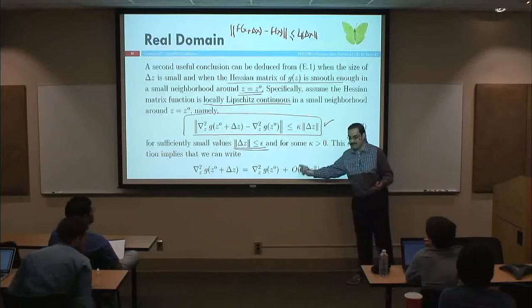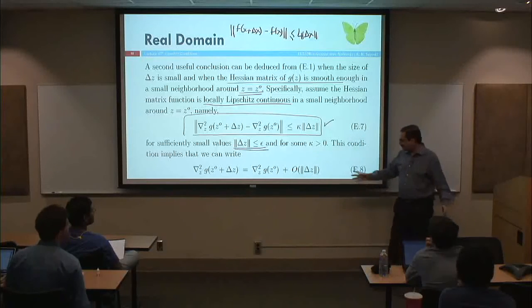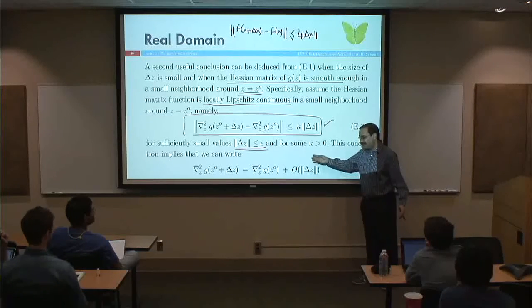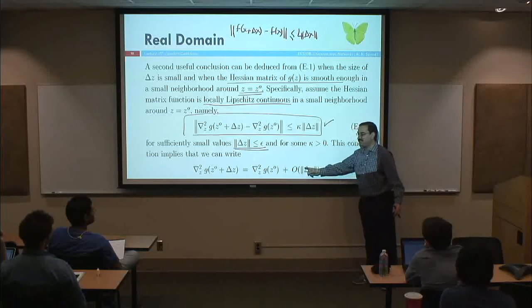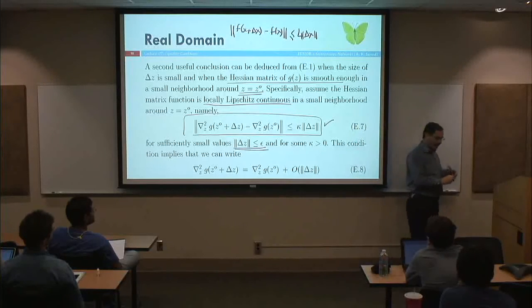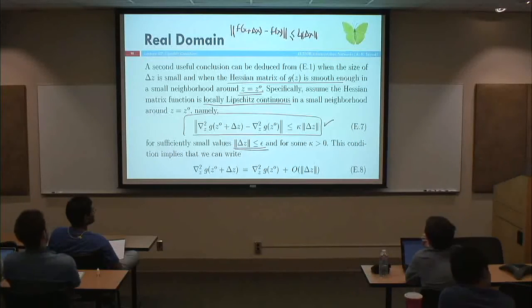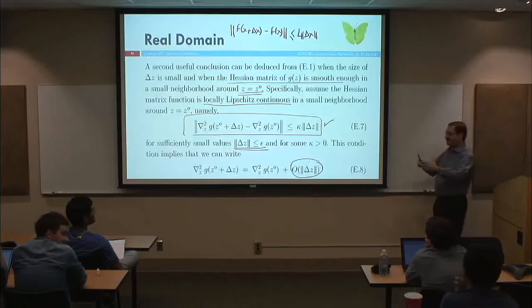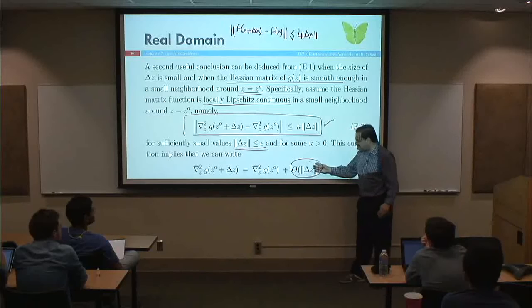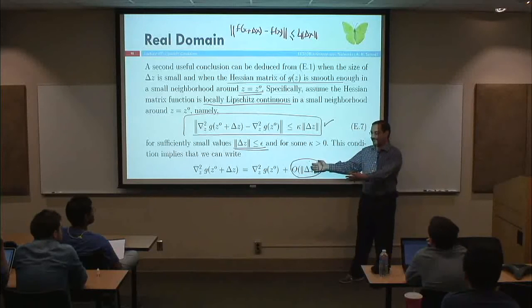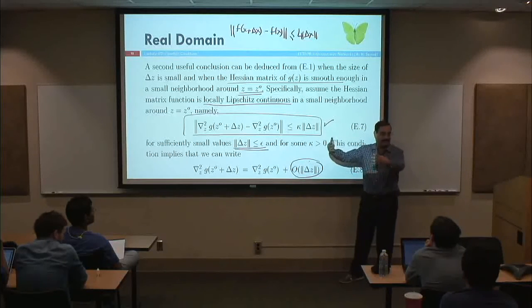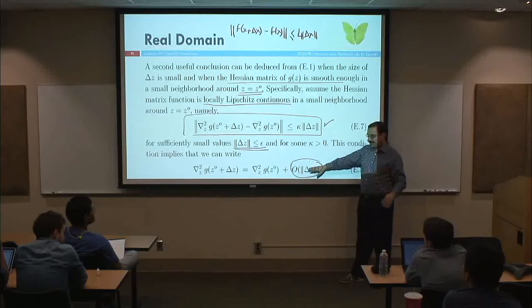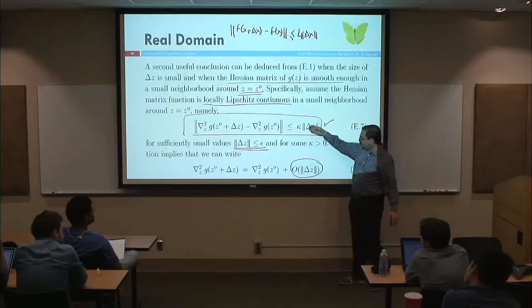What this notation, big O, means is that this quantity here is upper bounded by some constant times this norm. So the difference is of the order of the norm of delta z, upper bounded by some constant times the norm of delta z. That's what this means. Do you see how this follows from this?